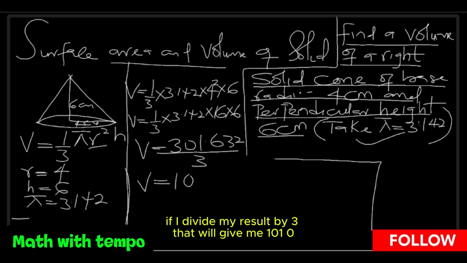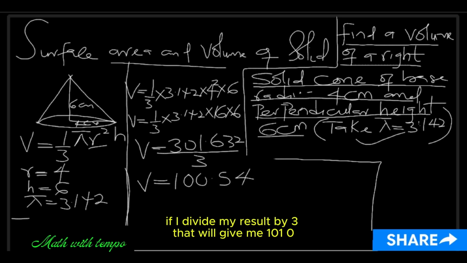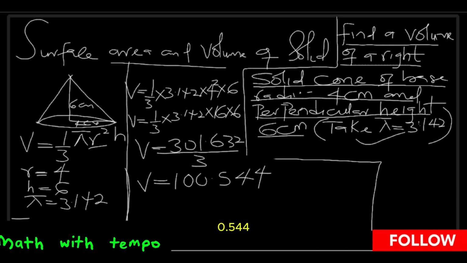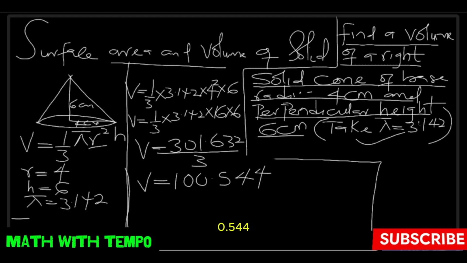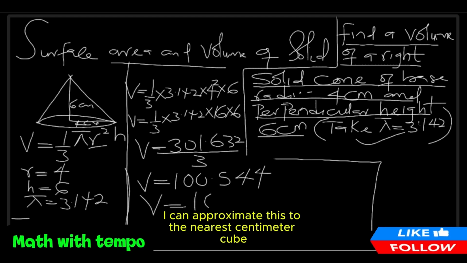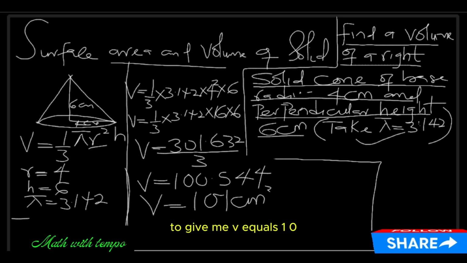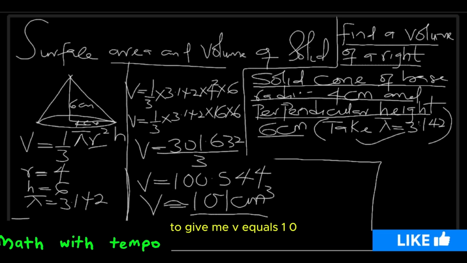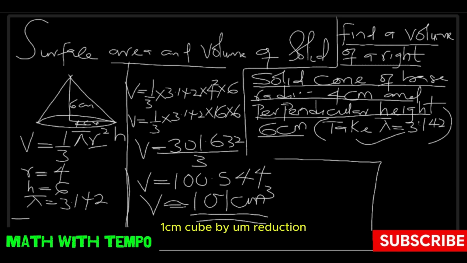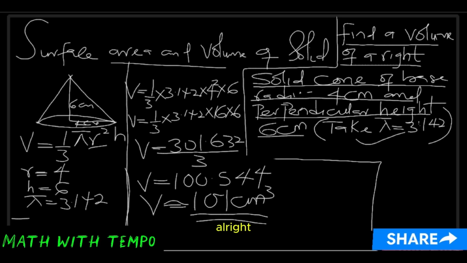If I divide my result by 3, that will give me 100.544. I can approximate this to the nearest centimeter cube to give me V equals 101 centimeter cube. All right.